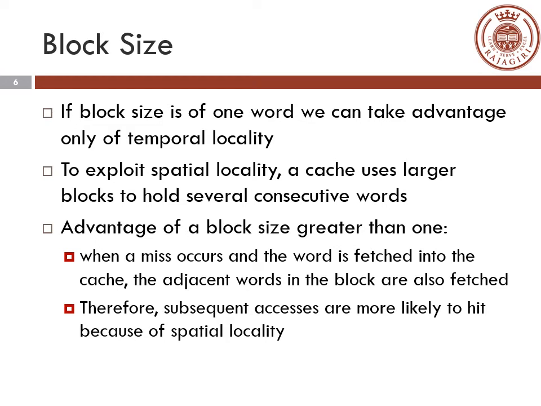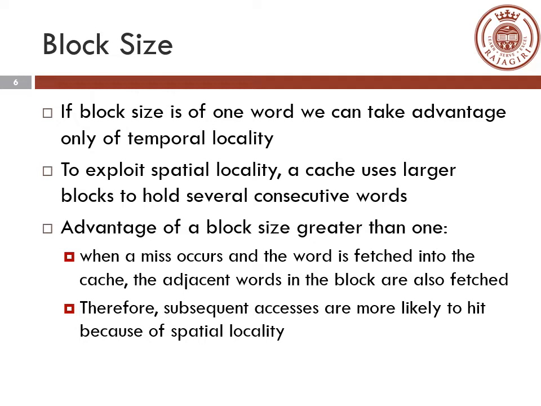Okay, now till now what we have seen is that in whatever example I have shown you, the block size was taken as one word. So in a block you are going to have one word. This is good when we are going to take the advantage of temporal locality.